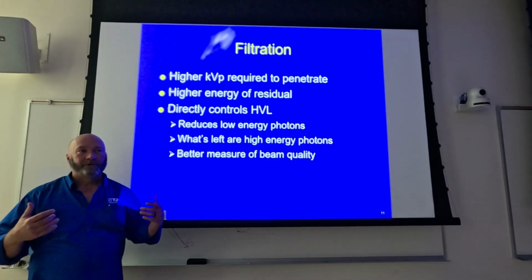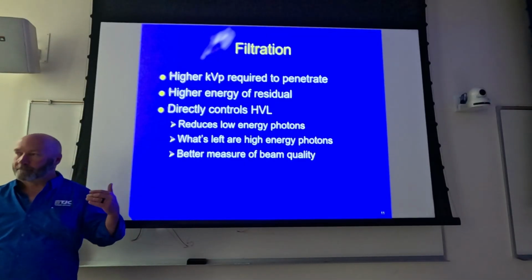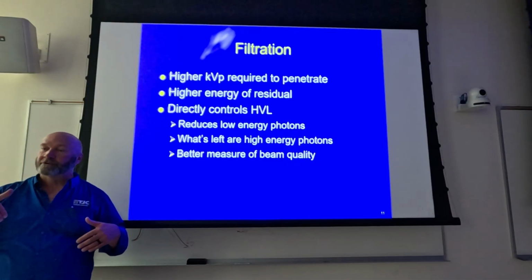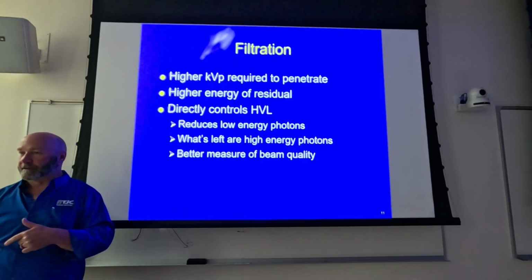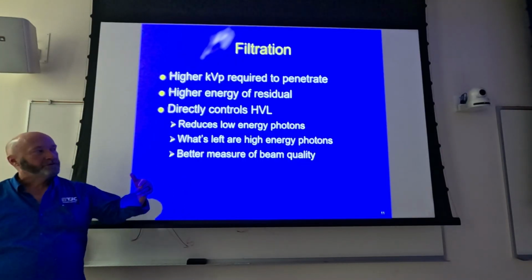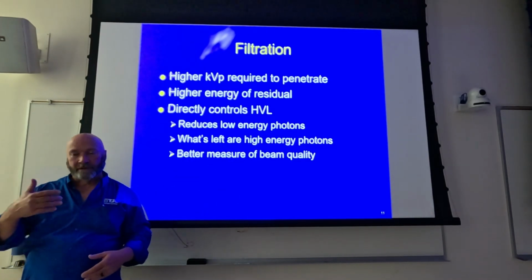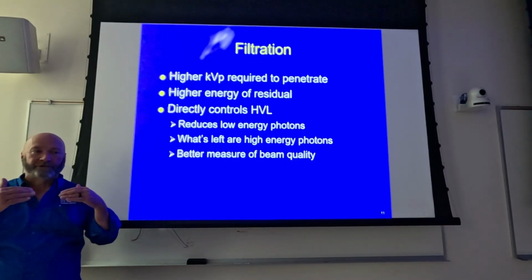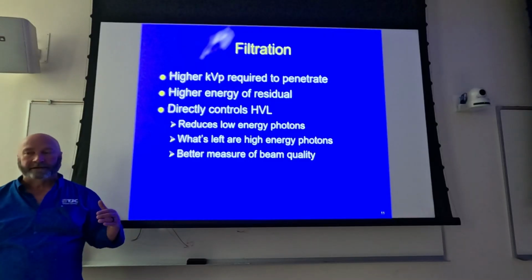So we're using the same technique between the old room and the new room, but the old room has more penetration. If penetration equals quality, then that old tube is giving you a higher quality X-ray beam. It's more penetrating, so the half value layer is going to be higher. When they're doing those QA tests every year, they'll take sheets of aluminum, put the same radiation detection device in place and make an exposure.